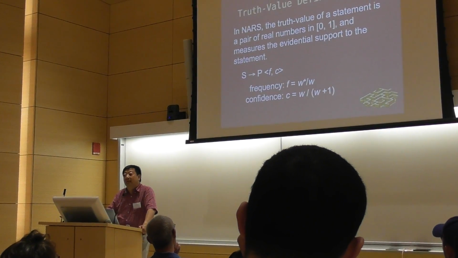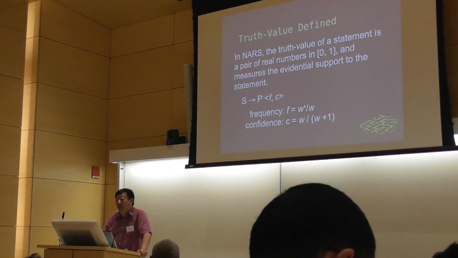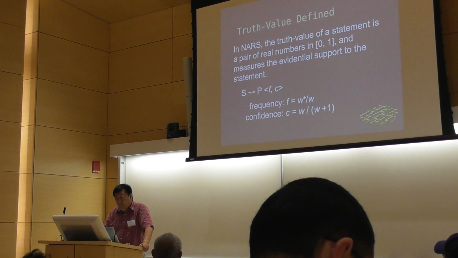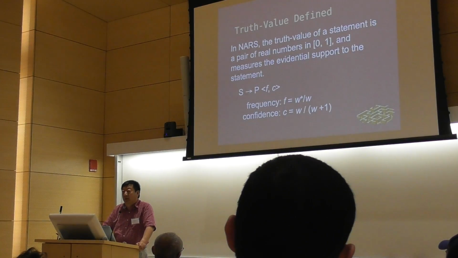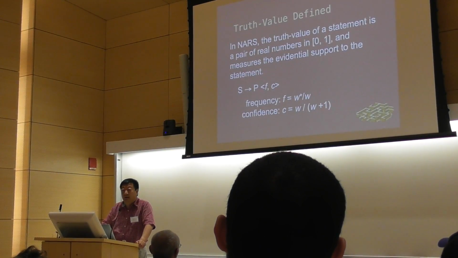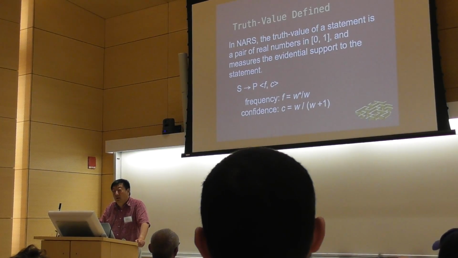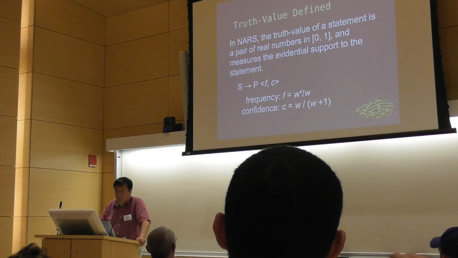And the second component, probably the most unique in terms of the semantics of the system, is what I call confidence. Okay? This same word has been used by several different theories, like statistics, to mean slightly different things. So here, what I use is W divided by W plus 1, where W is the total amount of evidence.